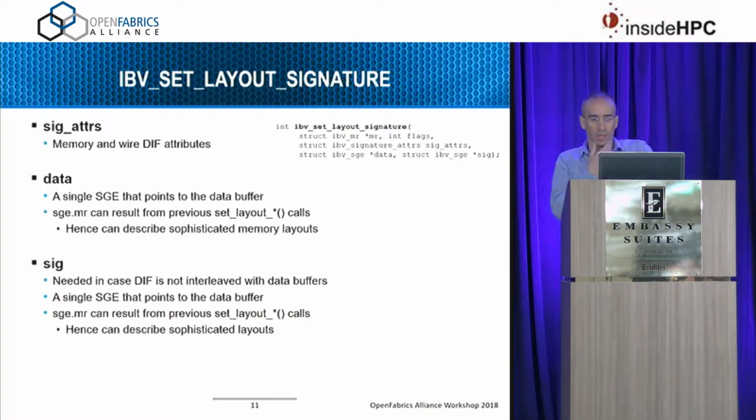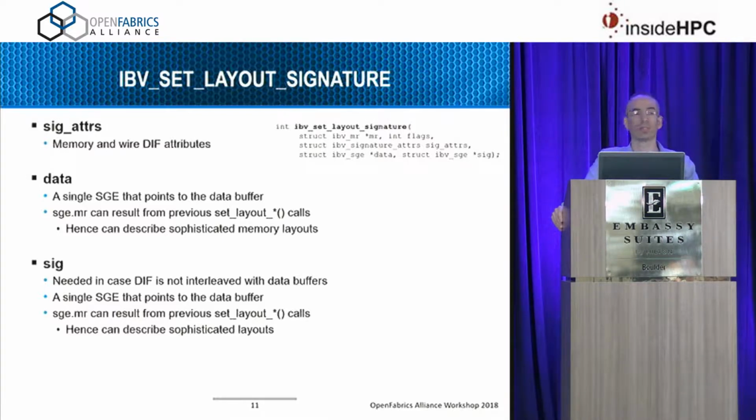Going a bit deeper into the API, we actually use the same notion as the non-contiguous memory as I described this morning. We've added the IBV set layout call. Again, the set layout, if you remember, enables you to modify MR characteristics, IBV-MR, and in this case these are signature characteristics.